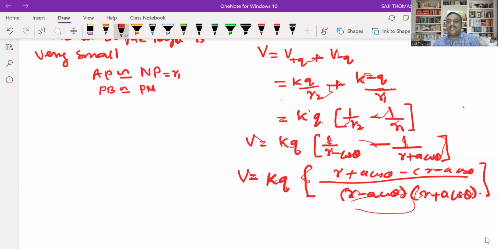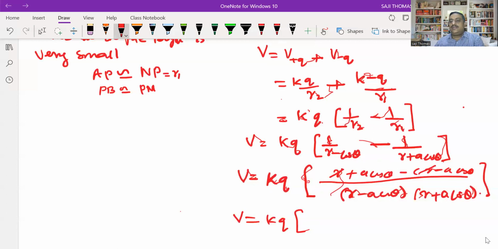Now from the numerator you can cancel some terms. Opening the bracket, we get KQ into, here plus R minus R cancel.